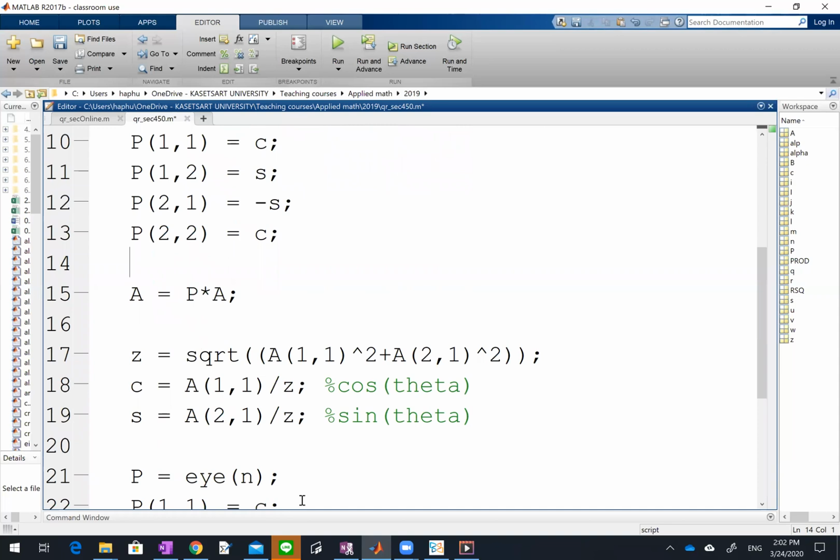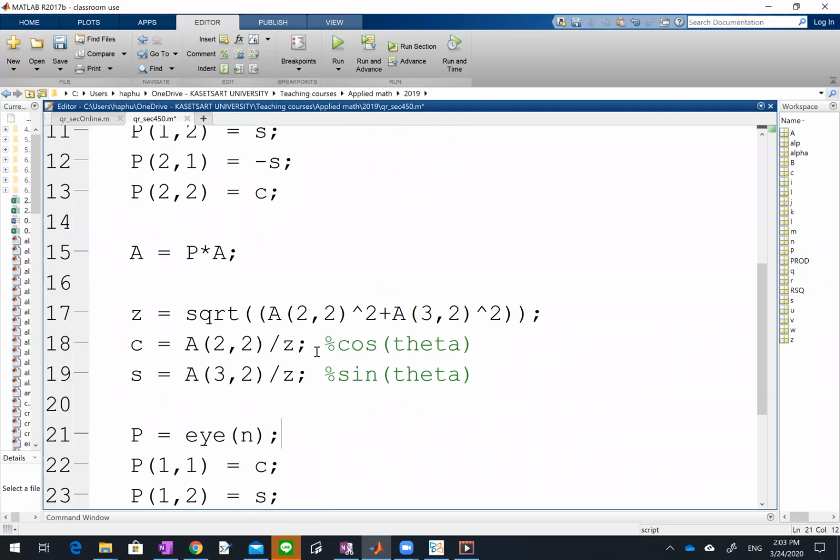All right. In the second round, I have to find my new cosine and sine. So this is going to be changed to 2, 2, and this is going to be changed to 3, 2. So cosine is going to be 2, 2, and sine is going to be 3, 2.